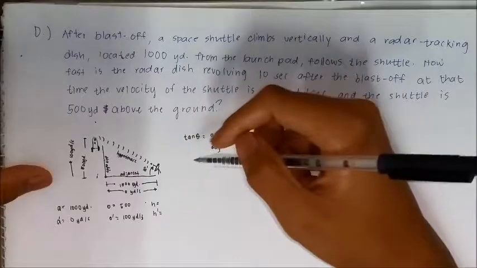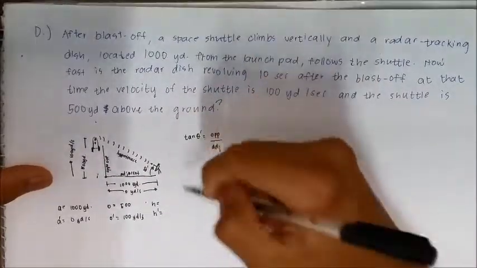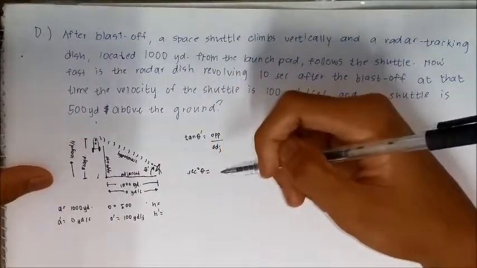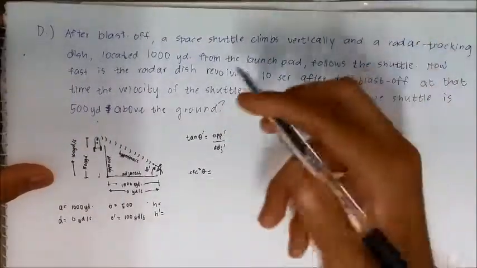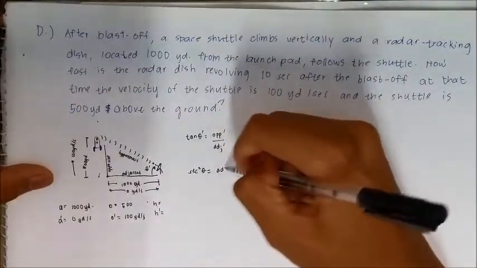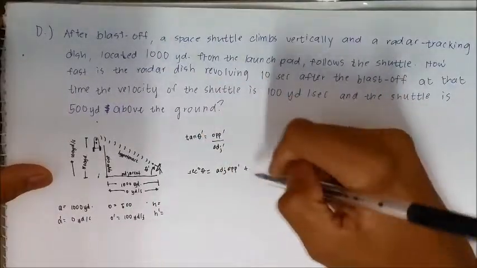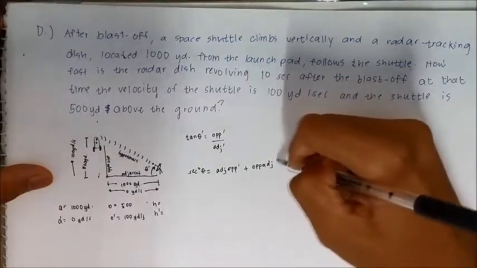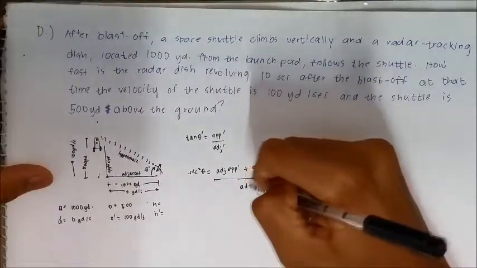Now we're looking for the prime of tangent, and the prime of tangent is secant squared of the angle times the angle prime. For the prime of opposite over adjacent, that leads us to the quotient rule: adjacent multiplied by the rate at which opposite changes, minus opposite multiplied by the rate at which the adjacent changes, all over adjacent squared.